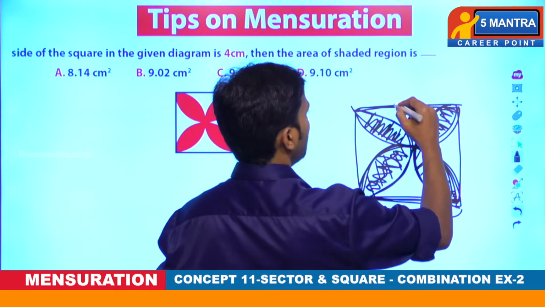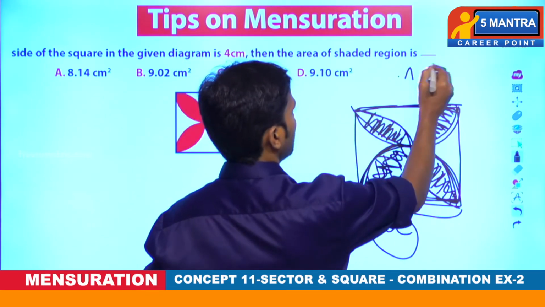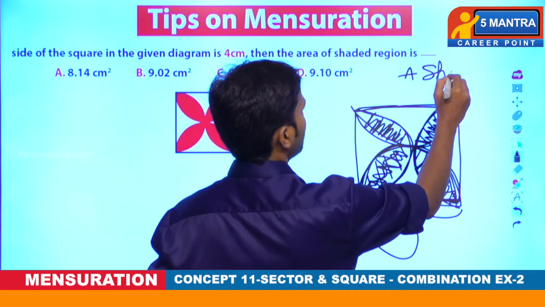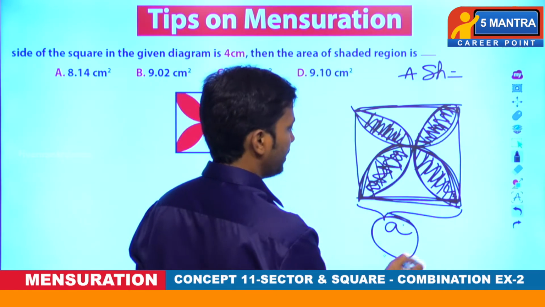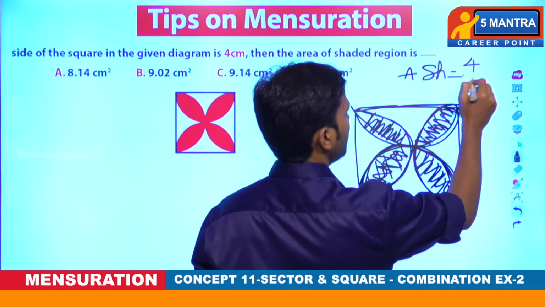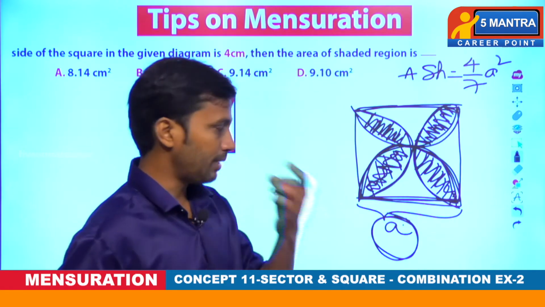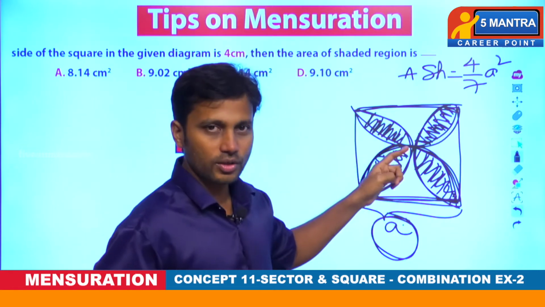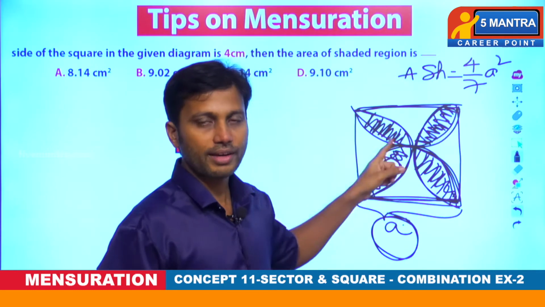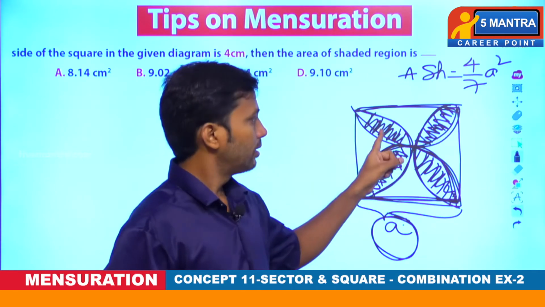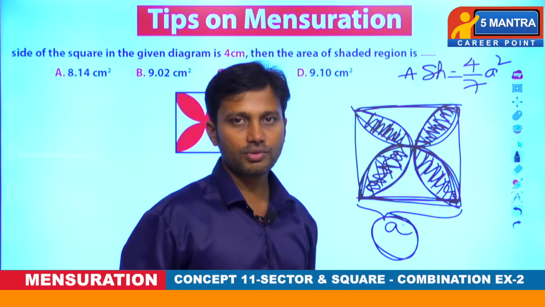The area of the shaded region is equal to, if A is the side, 4 by 7 A square. It looks like a pattern of a flower, so the area of this flower would be 4 by 7 A square.